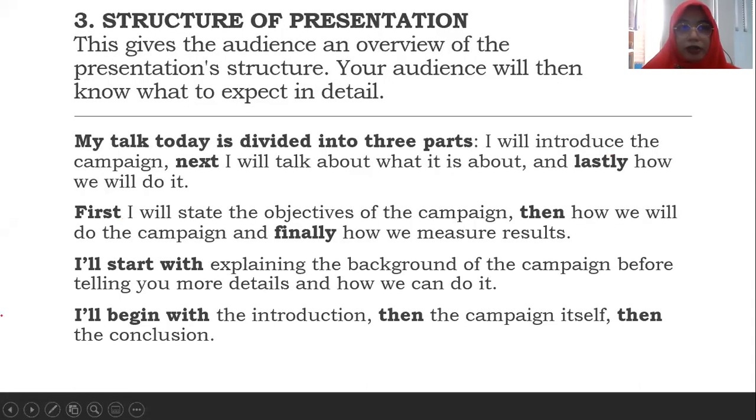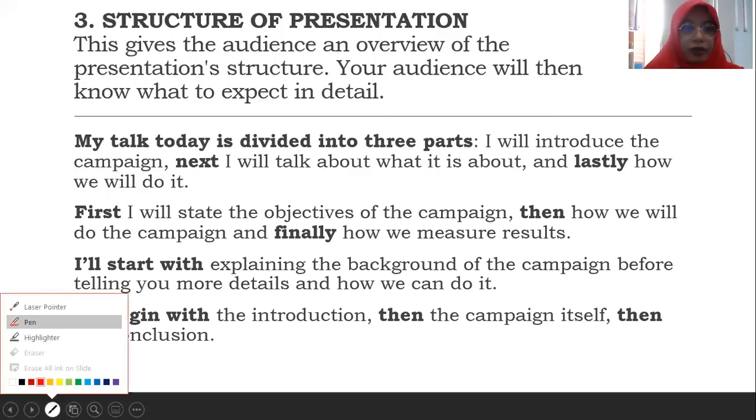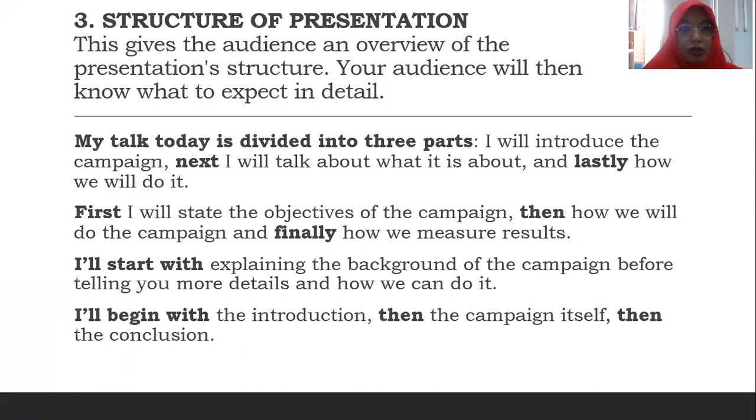So the parts in bold are what we call signpost language. Okay, so like here, next, and then lastly, and then first. So these are all signpost language.